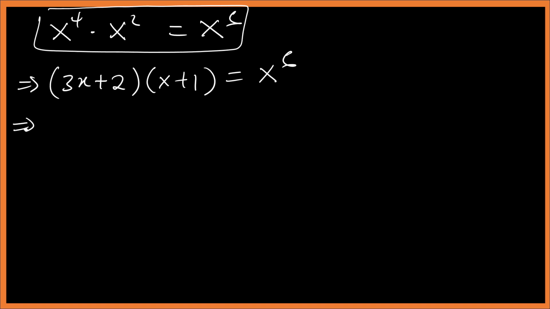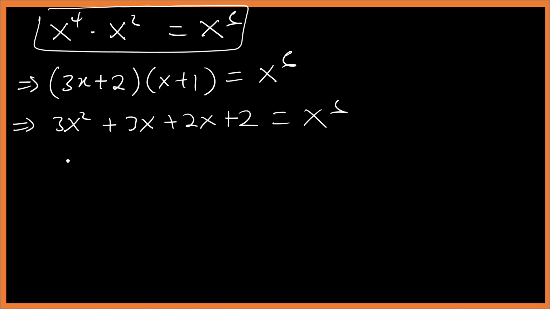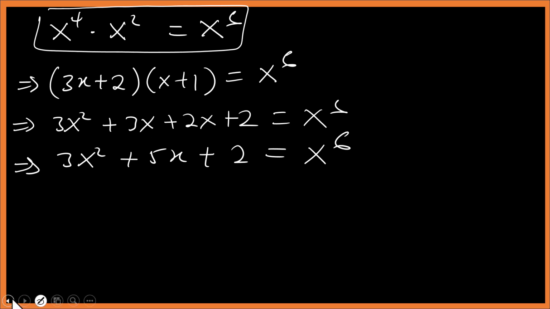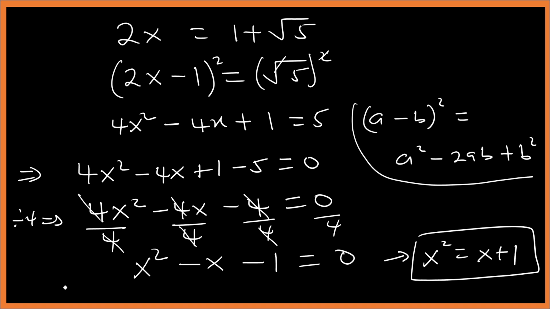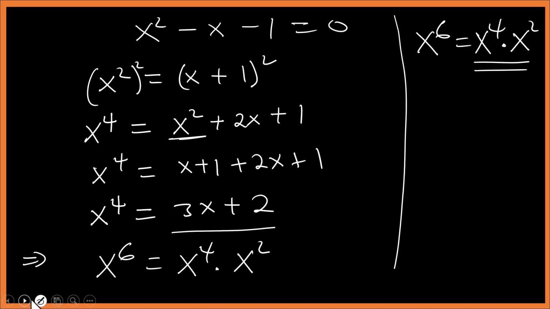So let's expand this. We have 3x squared plus 3x plus 2x plus 2 equals x to the power 6. So we have 3x squared plus 5x plus 2 equals x to the power 6. Remember, x squared is x plus 1, so let's do substitution again.